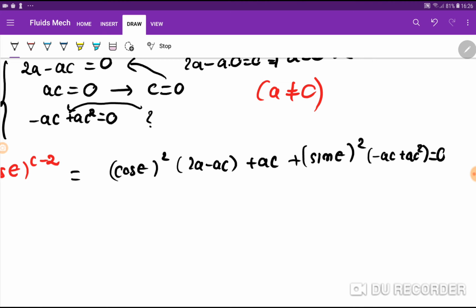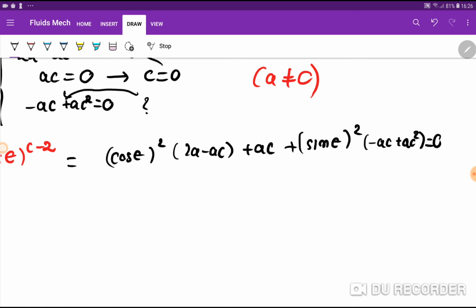I think the only way for this to happen is to say 2a over ac over negative ac plus ac squared equals 1.